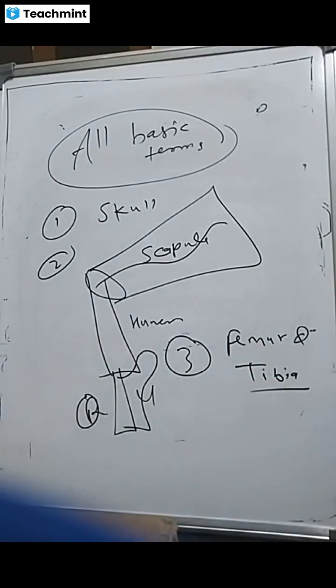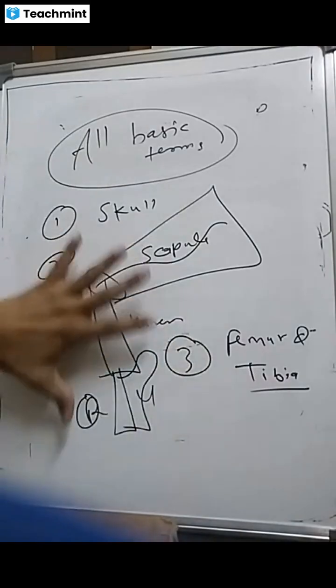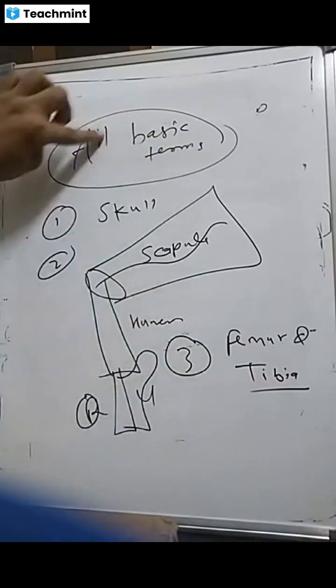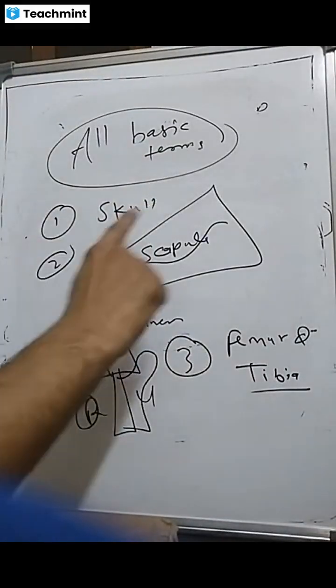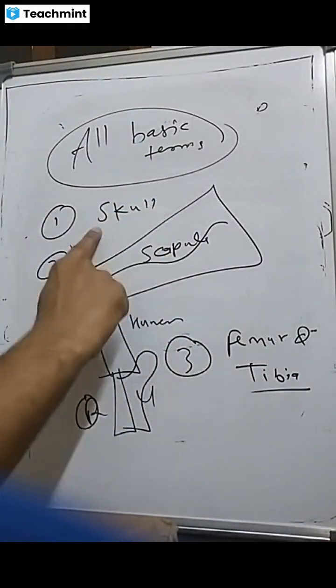If you read only these four or five bones, all your basic terms are there: in the skull, foramen, hamulus, cornu.